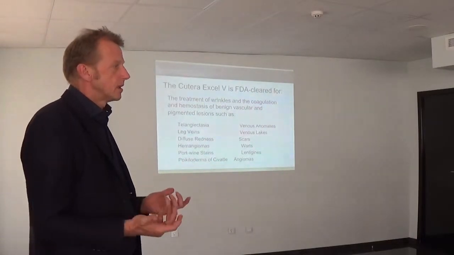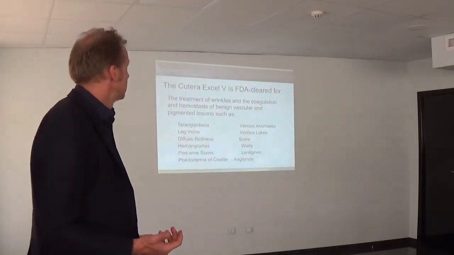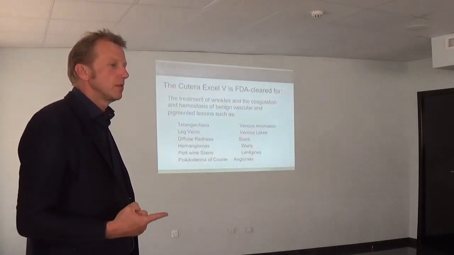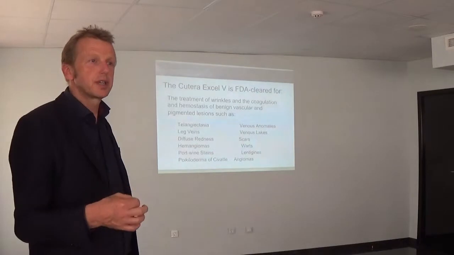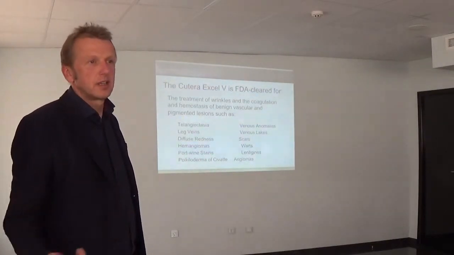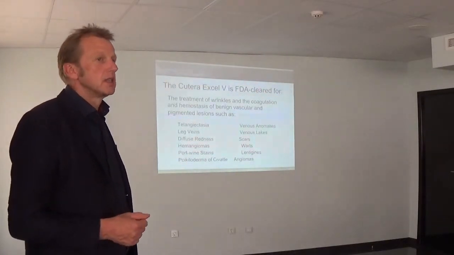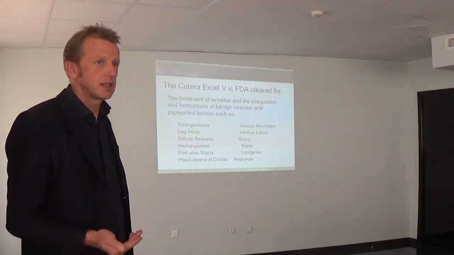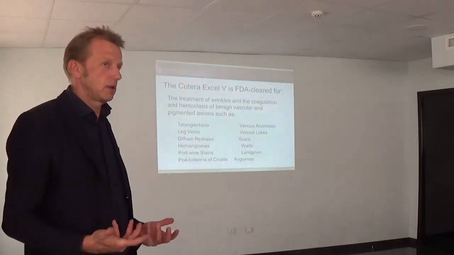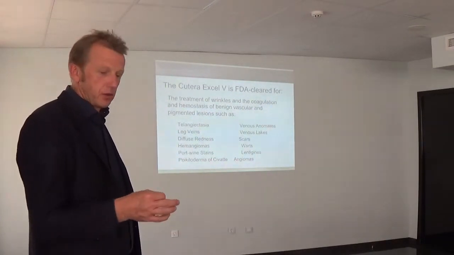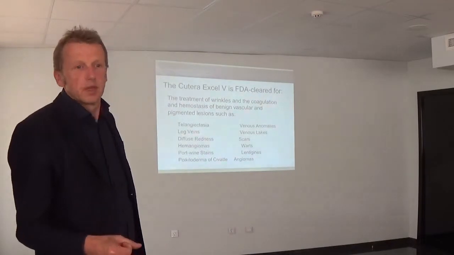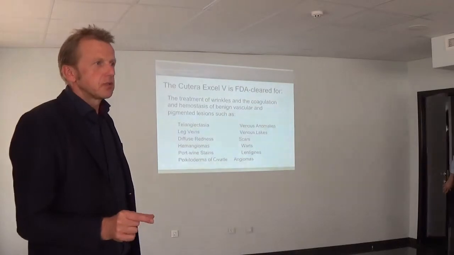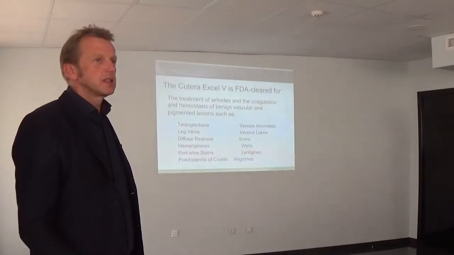So the KTP in the Excel V is really designed to have more control and even to be able to go to that purpuric reaction known in the pulse dye laser treatments. So we can have very, very short pulse durations. The power of that KTP is so big that we can have fluence even with an 8 to 10 millimeter spot size with very short pulse durations, like 5 milliseconds, 4 milliseconds.